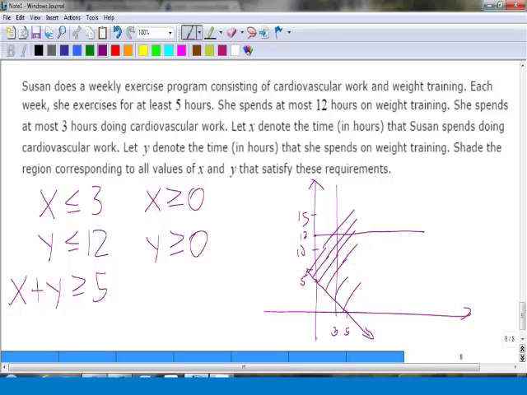It's going to be to the left of X equals 3. It's going to be below Y equals 12, so below that.